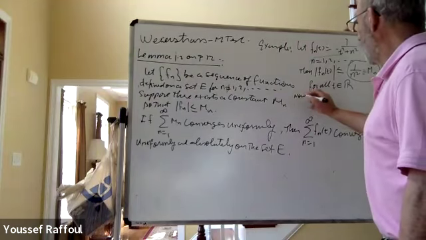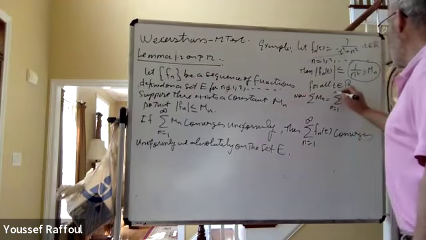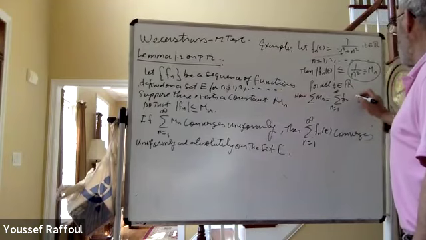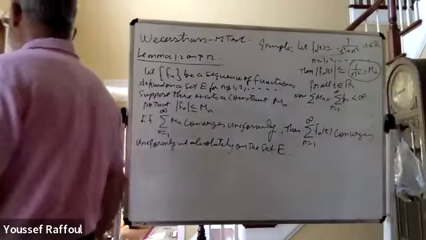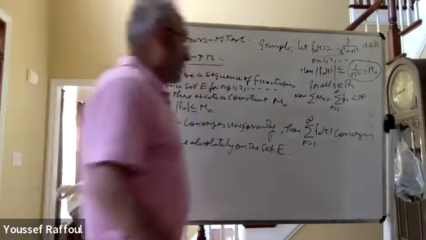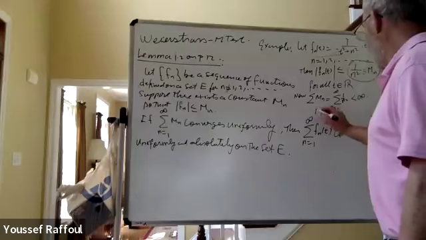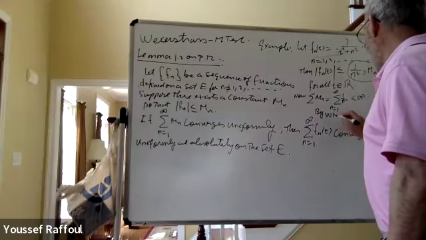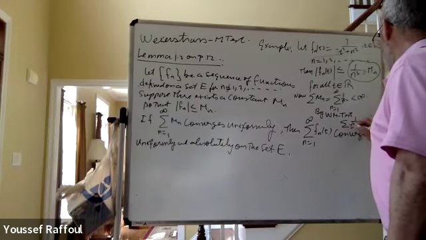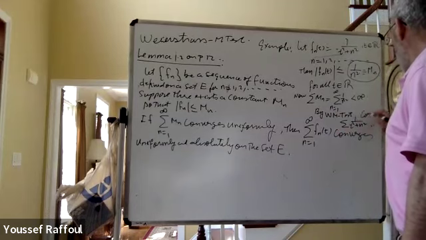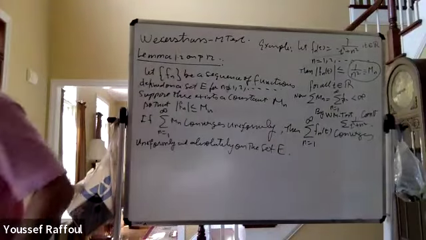Now, the sum of Mn, n equal 1 to infinity, of 1 over n squared converges. We know this converges by the p-test. Hence, by Weierstrass M-test, the sum of 1 over t squared plus n squared converges absolutely and uniformly on R. Okay?